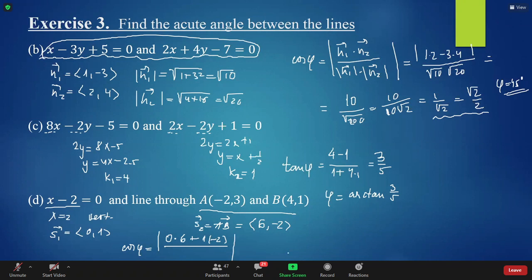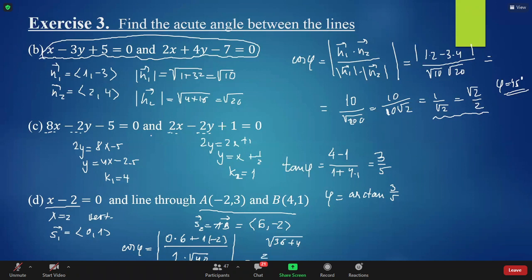And here the length of vector 0, 1 is of course 1, a vertical vector, 1 unit. And the length of the second one, let's see, 36 plus 4, that would be square root of 40 here. And so we see 2 divided by square root of 40.